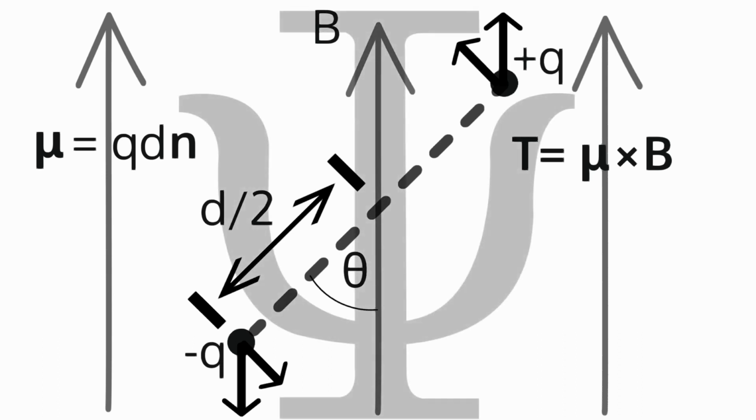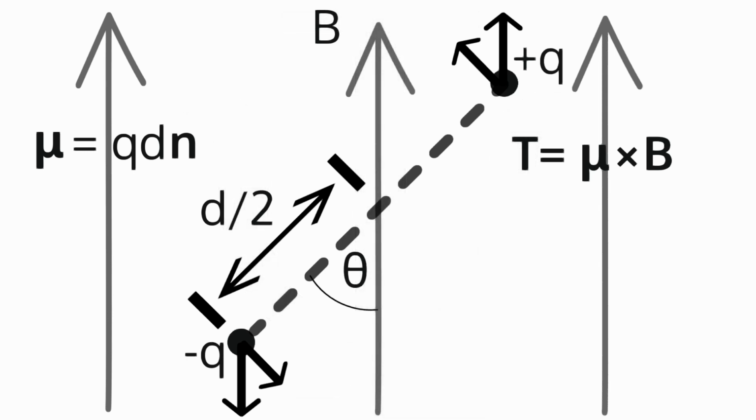But suppose there was some kind of unintroduced mechanism that prevents this alignment. What would happen then? Let's start by transforming our torque equation into an equation involving J from the gyromagnetic ratio. Since mu and J are parallel, mu equals gamma J is valid.